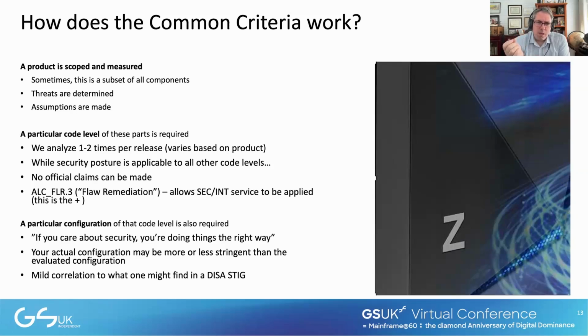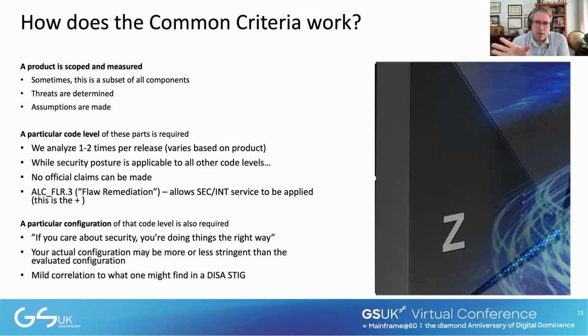This configuration may be more or less stringent than your actual configuration back in your client shop. And there's going to be some degree of correlation to what one might find in a DISA STIG or similar, but there's not an exact overlap. And I'll try to get to that toward the end.